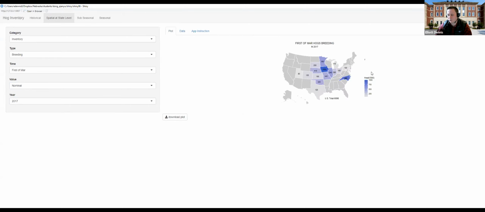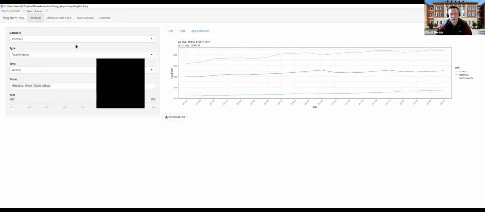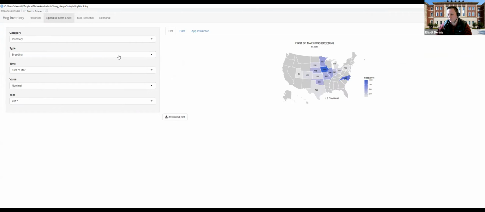So it allows you to recreate the figure if you'd want to. That gives you an idea by state of how this is progressing through time, spatially, within a given year or across years.